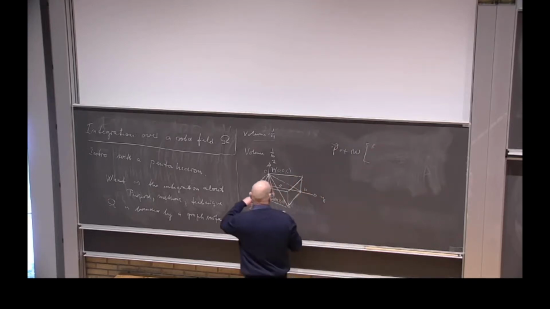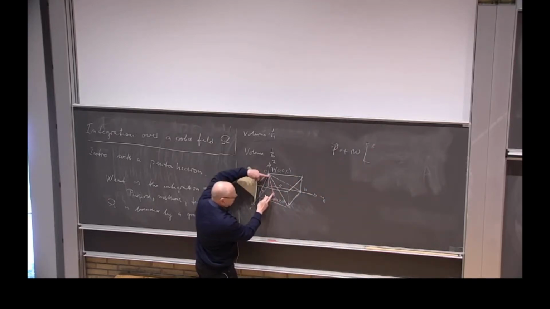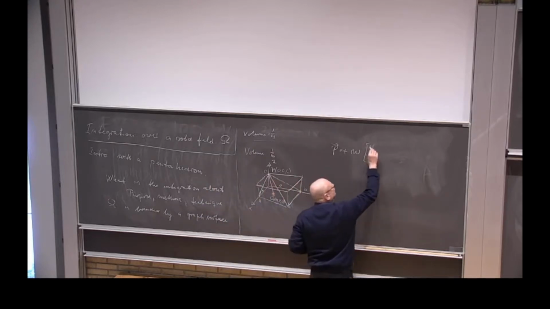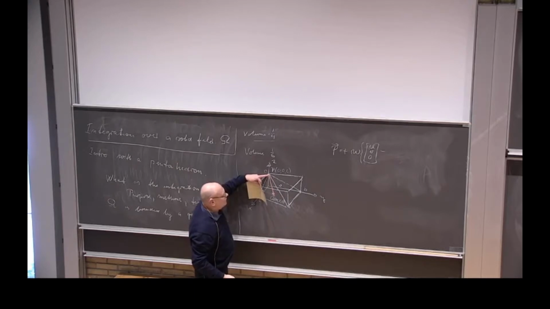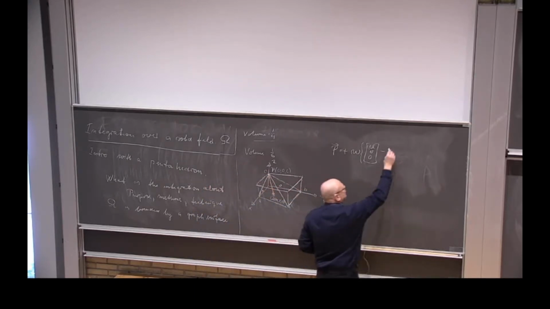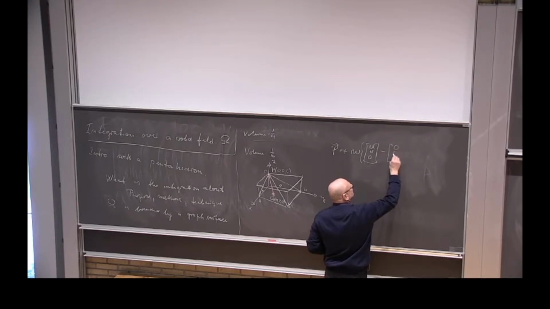What I need then is the coordinates of this vector. So I take the coordinates of the last point, u, v, 0, and then I subtract the coordinates of the initial point, 0, 0, c.